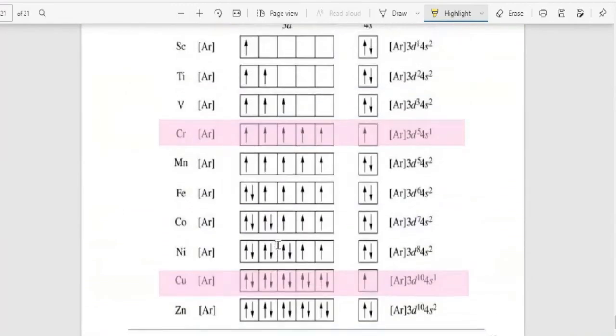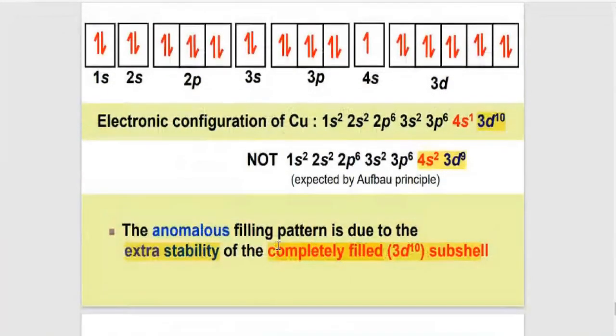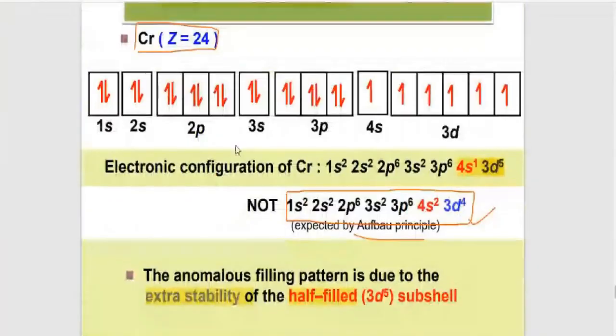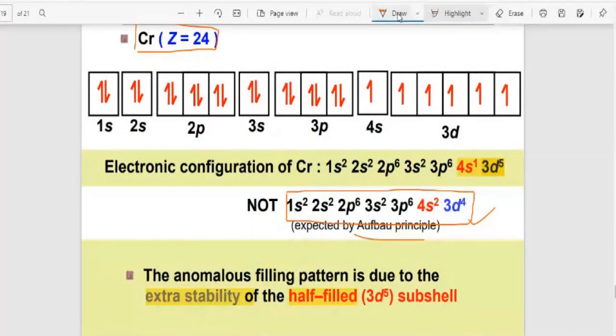Okay. So how to answer this kind of question? Okay. I will use the term expected. The expected is this one. Then I will use the actual.